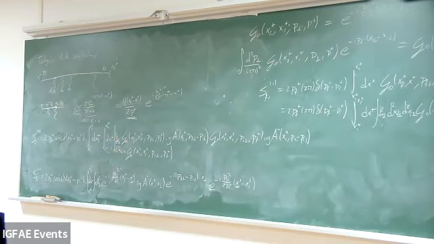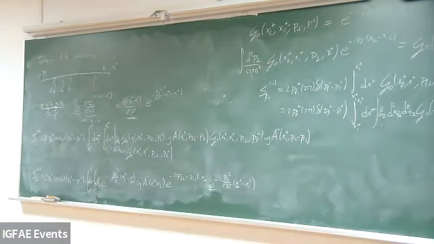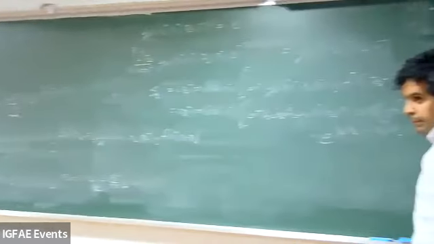I can do the same story for the coordinate space one. It's going to be the same. I still have the Fourier transform at the edges, but I will have an extra intermediate step.